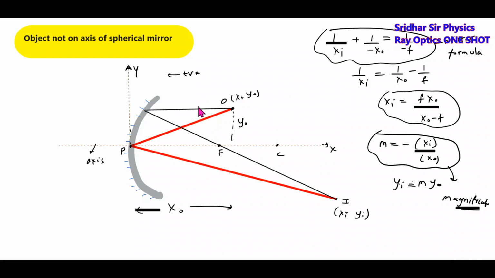This is a ray after reflection passing through the focus. This is a ray incident at the pole, which gets reflected symmetrically, and both will converge at a point.